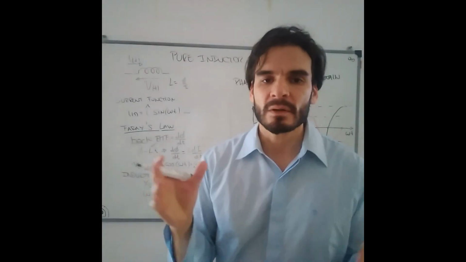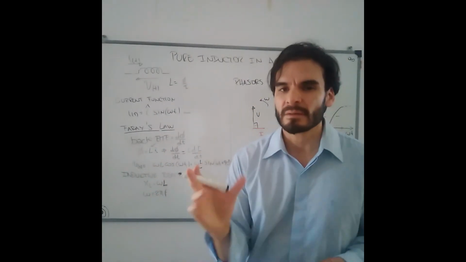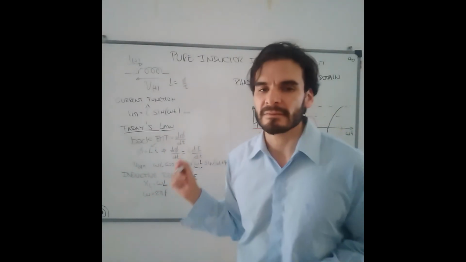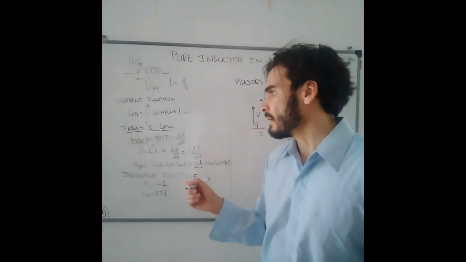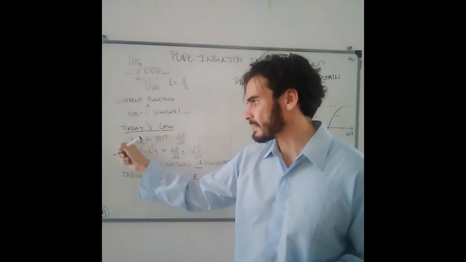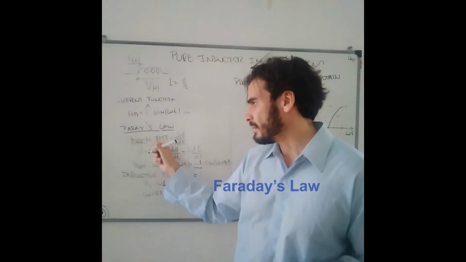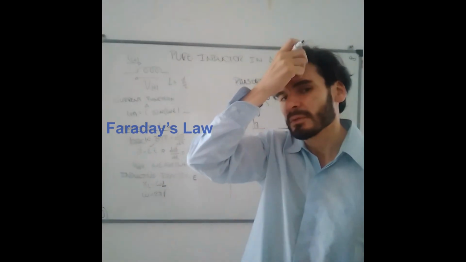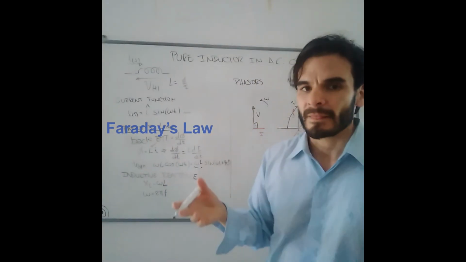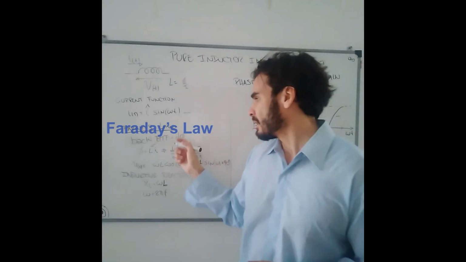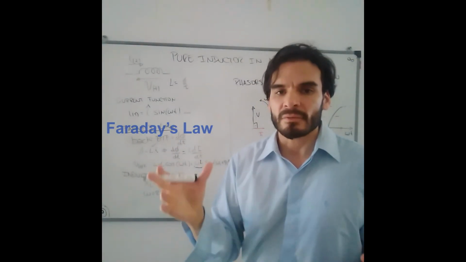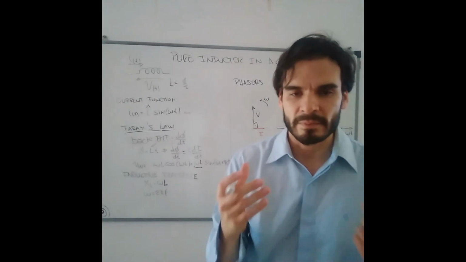That conclusion is important because it means there is a rate of change of magnetic flux with respect to time. And if you remember, Faraday's law says there is a back EMF that opposes any change in current because there is a rate of change of magnetic flux with respect to time.